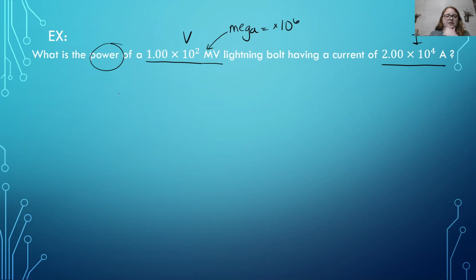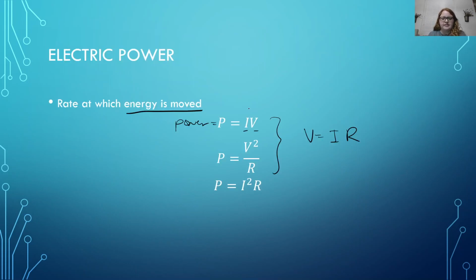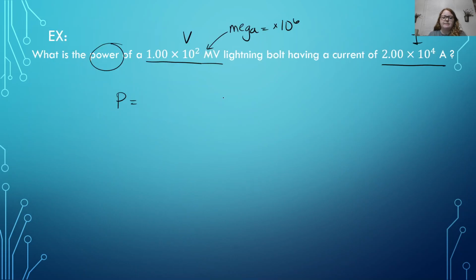So we just found that power is equal to, and we have a few different variations, so let me go back and look. We have voltage and current, so that's actually going to be our first one. Power is equal to I times V. Okay, so we can plug those in.